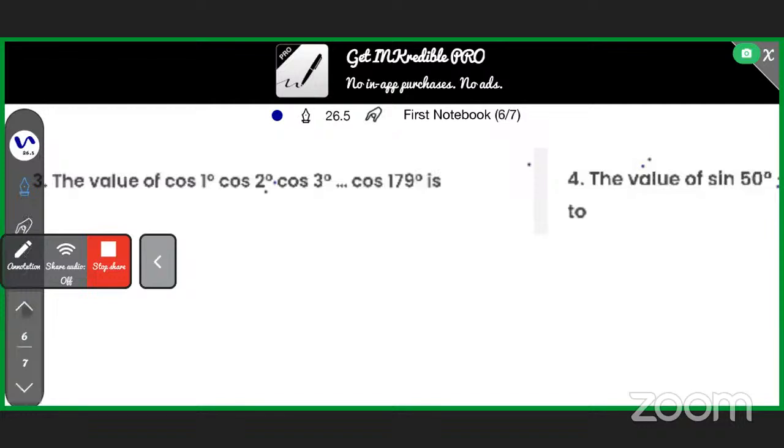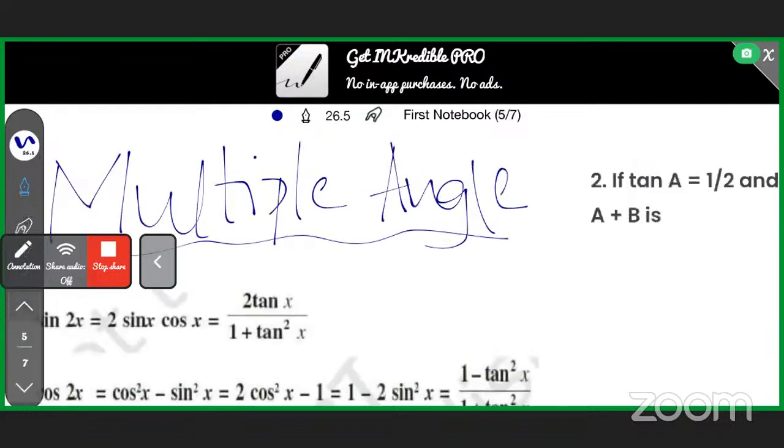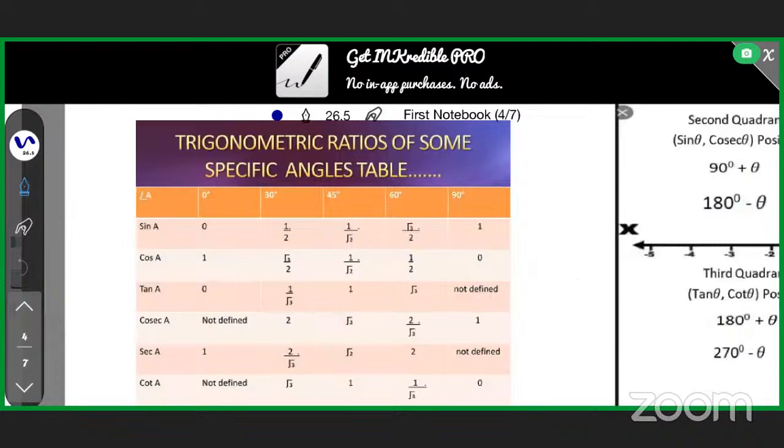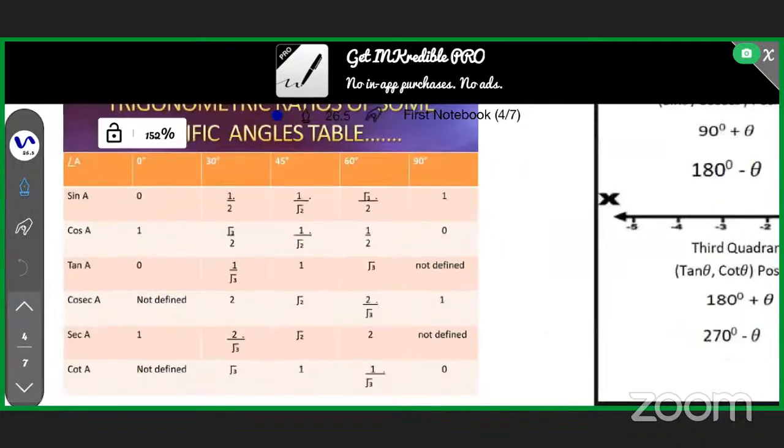Ma'am, is the screen okay? Yes, sir, it is okay. It is visible.